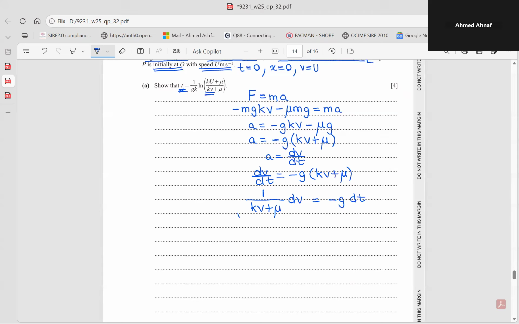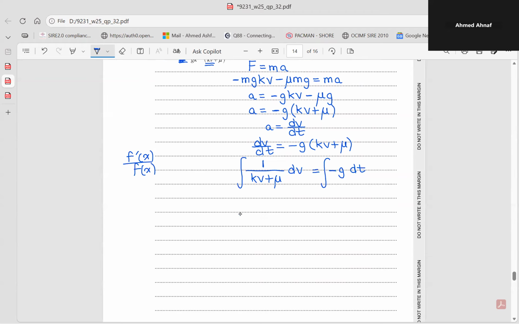Now we're going to integrate this. To integrate the left-hand side, you can see that it's in the form f prime x over fx. So fx is kv plus mu, and when you differentiate it with respect to v, you'll just get k.